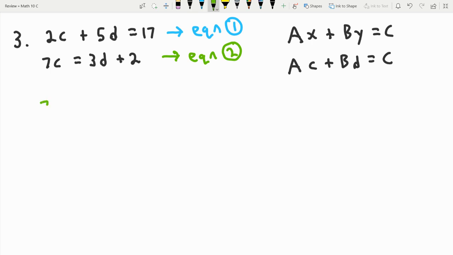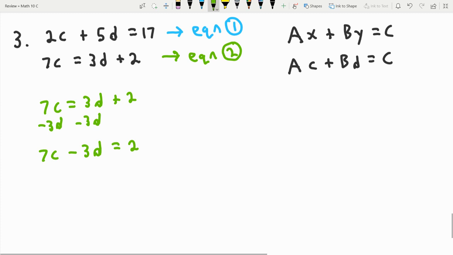So for equation 2, I have 7C equals 3D plus 2. So in order to move my D term over to the left-hand side, I would subtract 3D from both sides. And once I've done that, I should get 7C minus 3D equals 2.